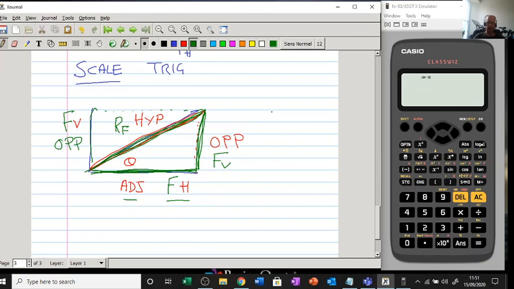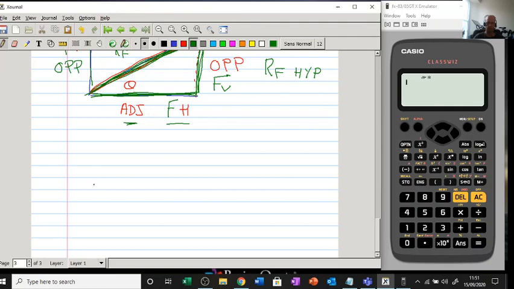I do need to make sure I know the angle, and I've got the resultant force. Don't forget, the resultant force is really the hypotenuse. So if I've got the hypotenuse, which is my resultant force, and I've got the angle, I can work out using sin and cos this horizontal force and this vertical force. All I'm doing is working out the adjacent and the opposite.